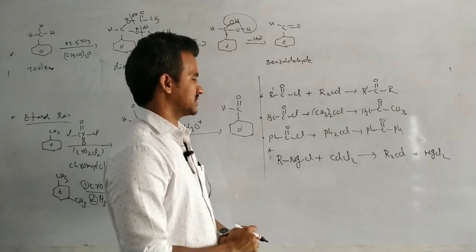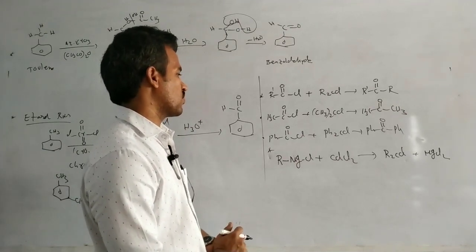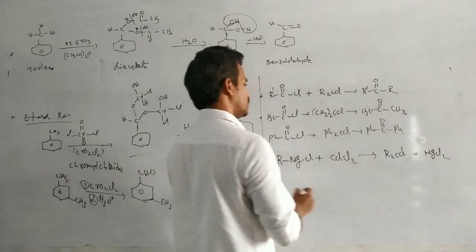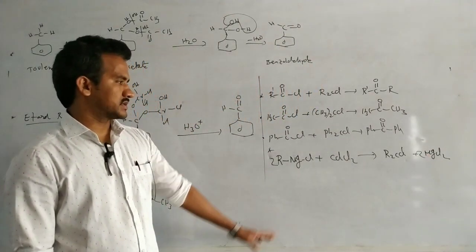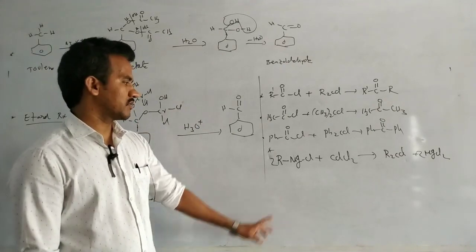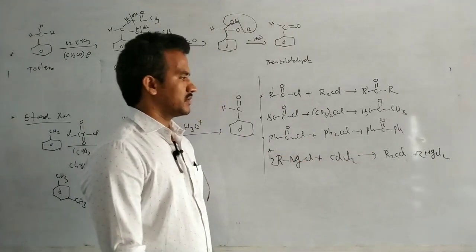Okay, balance the reaction. So here two, I think. Yes. Grignard reagent treated with cadmium chloride gives the dialkyl cadmium.